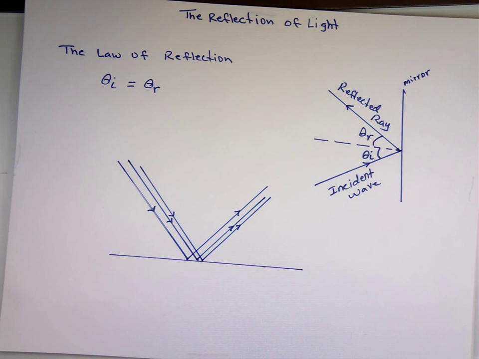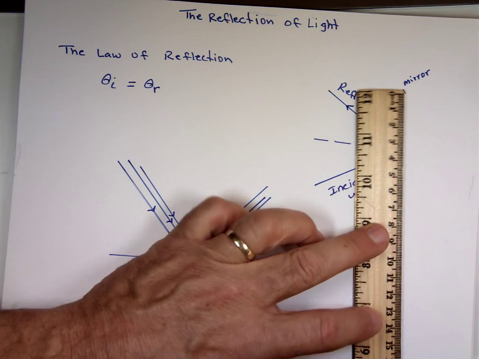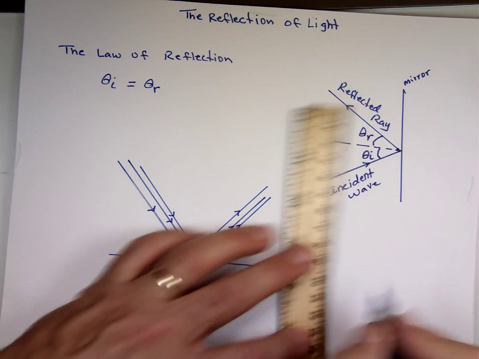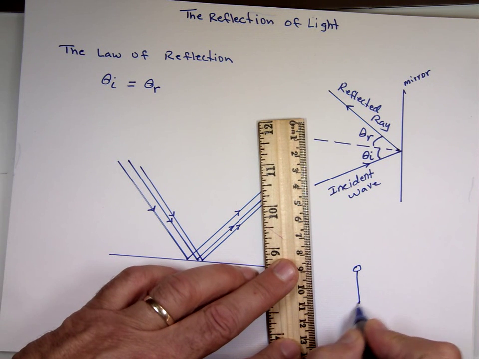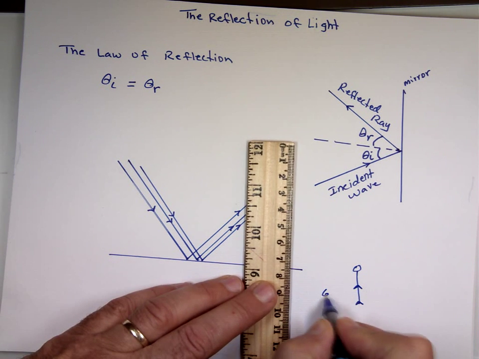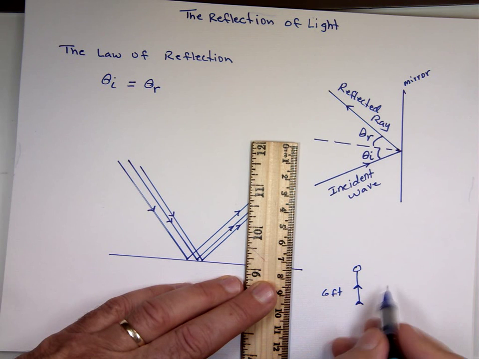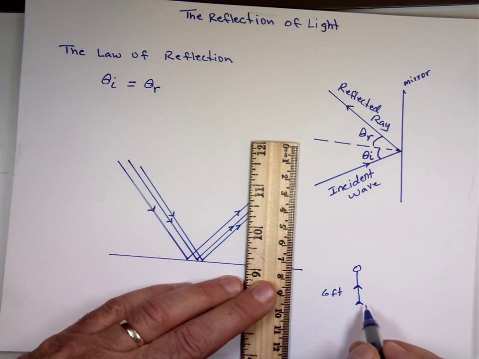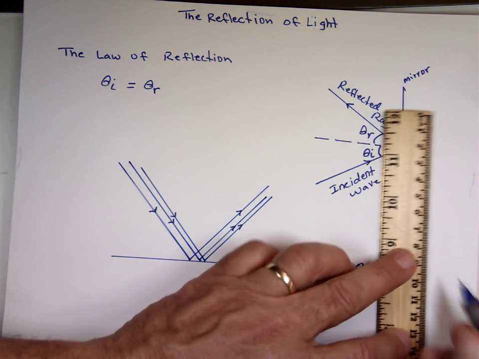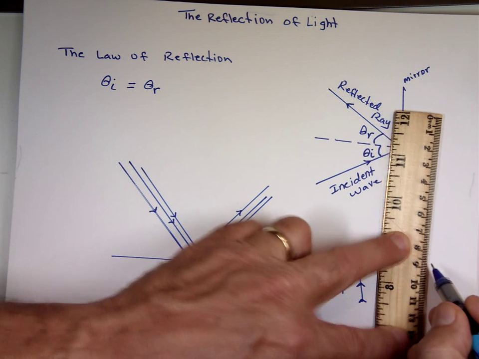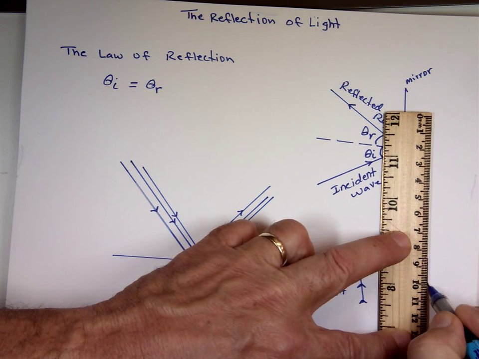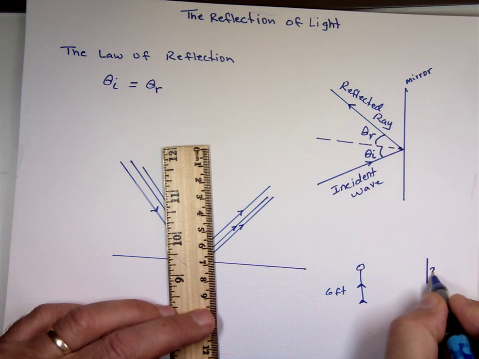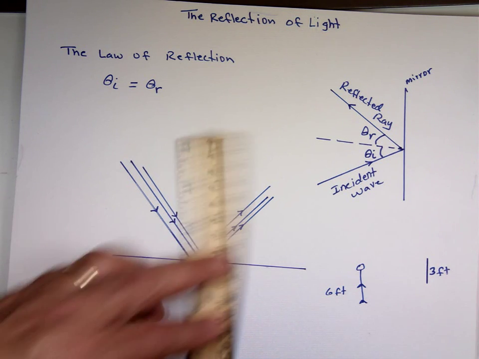Which means if you're standing in front of the mirror there, if you're 6 feet tall, this is you, 6 feet tall, and you want to see your feet, how big must the mirror be? The mirror will have to be 3 feet tall. That's the minimum.